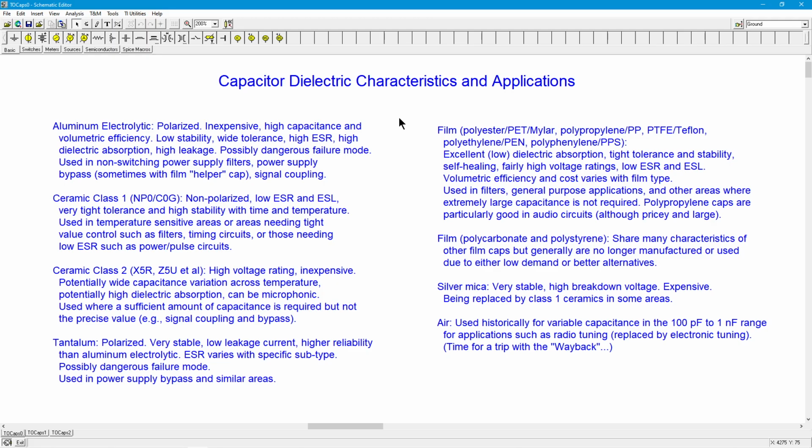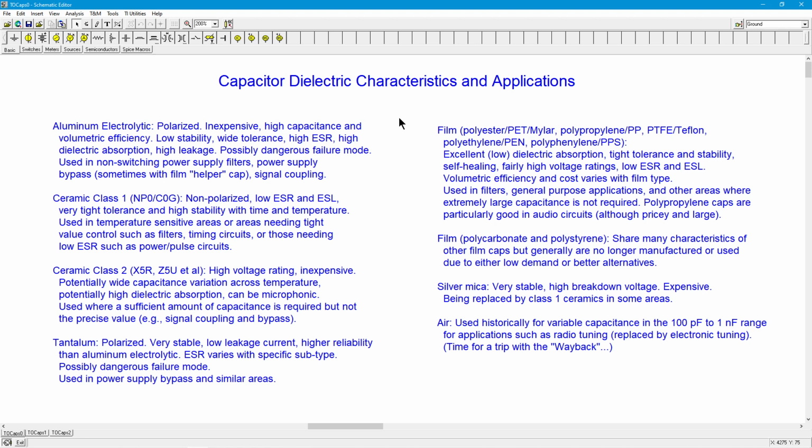So polyester is kind of like a first run. That's the first one that people run to when they need a film cap because they're widely available, lots of different sizes. They work pretty well, but then, depending on the application, you might want something that's a little bit tighter, a little bit more stable, and you'll look at some of these other ones.